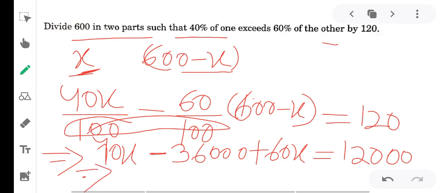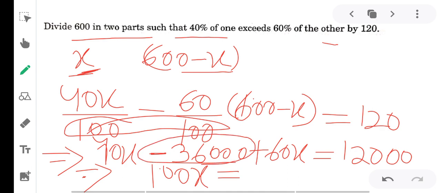So here 40x plus 60x, that will be 100x. 100x equal to how much? If we transpose 36,000 to the right hand side, that will be 48,000. So zeros cancel. So x equal to how much? 480. So one part is 480 and another will be 600 minus 480, that will be 120.